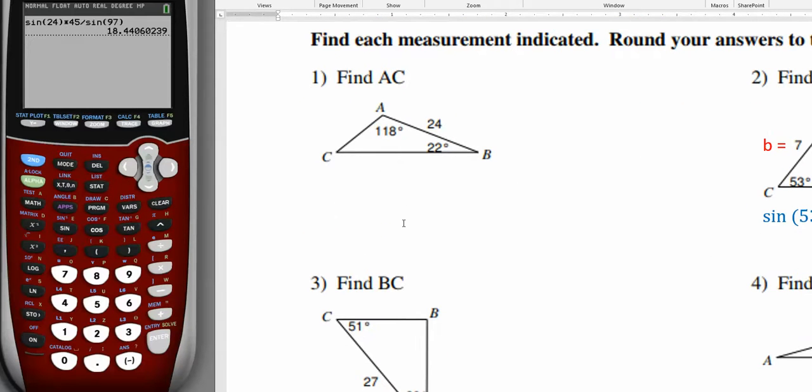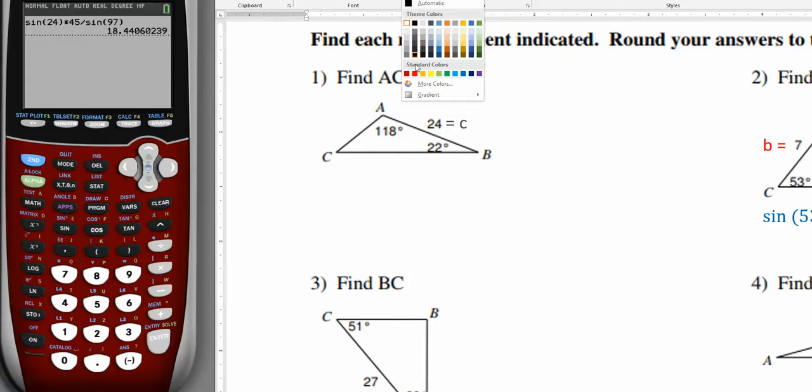So when we look at number 1, let's identify the things that we have. First off, we have side c, because it's across from angle C, which is the 24. We have angle A and we have angle B. Now there's a little bit of a problem here because we have nothing paired up.